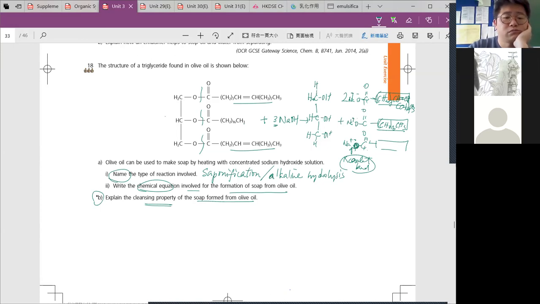First of all, soap possesses cleansing property as it is a wetting and emulsifying agent.